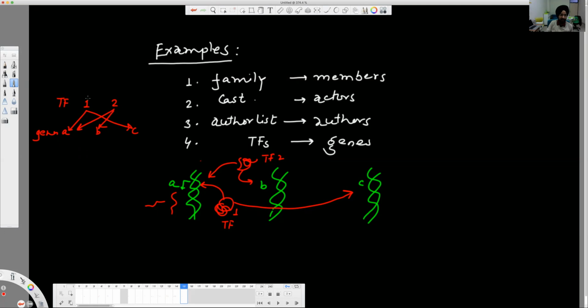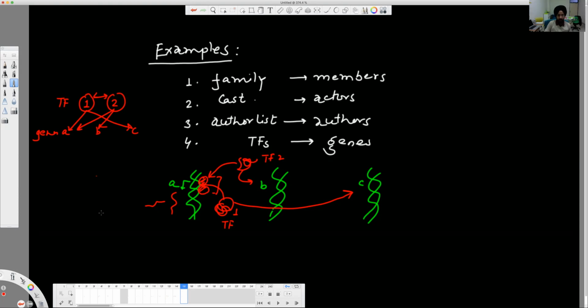And if one transcription factor or two transcription factors, let's say, are regulating the same gene, it means that they are also physically interacting, right? Let's say these two transcription factors are binding here. How would they bind here? They need to come together, right? So they are forming the same complex here. It means that they are part of the same complex or same regulon or whatever you call it.